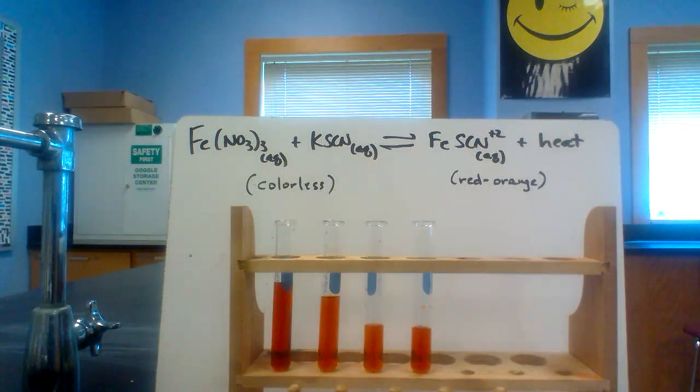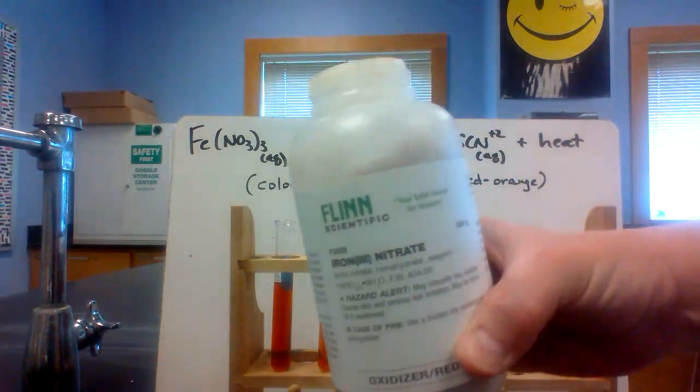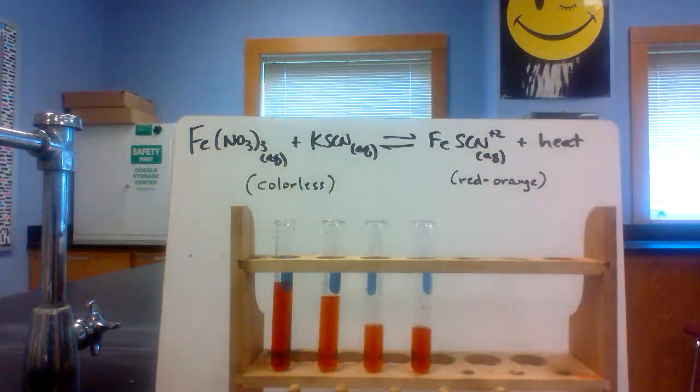Okay, so the first chemical that we're supposed to add is a couple of crystals of solid iron(III) nitrate. So here is solid iron(III) nitrate. I'm just going to add a tiny bit to one of those test tubes. Get a bit of that out.